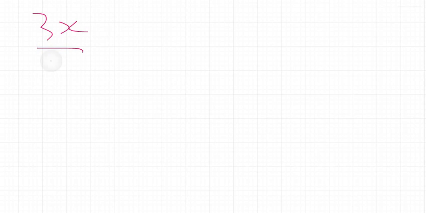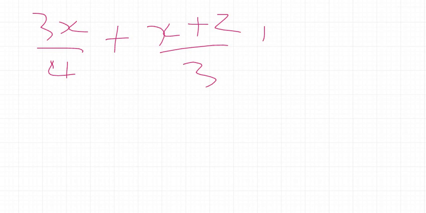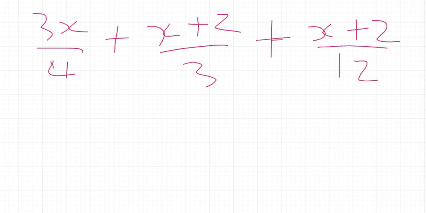If I have 3x divided by 4 plus x plus 2 divided by 3, and let's say plus x divided by 12. Now we could do this two ways.